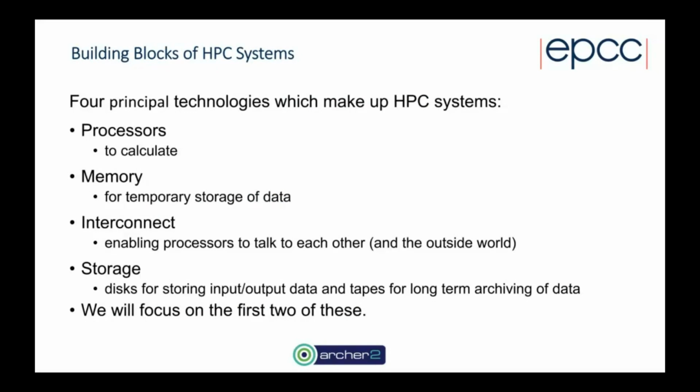So processors, which take data as input, do some work on it, and produce data as output. We have memory, which is used to store data whilst it's being worked on. Then we have interconnects or networks which connect these HPC systems together and to the outside world. And then we have storage, which is for long-term storage of data whilst it's not being worked on.